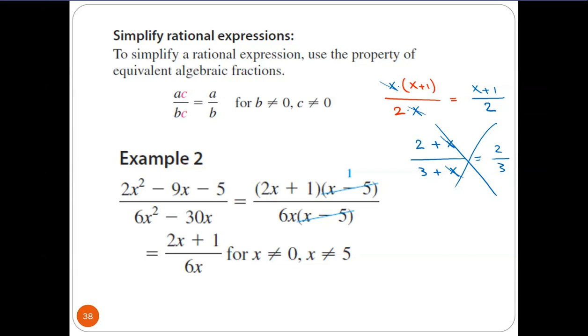Now, if we have an example like this, we have an expression polynomial over polynomial, and we need to simplify. Simplify means find the factorization of numerators and denominators. لازم. Now, we have 2x squared minus 9x minus 5. We can distribute 2x squared as 2x with x in two brackets.